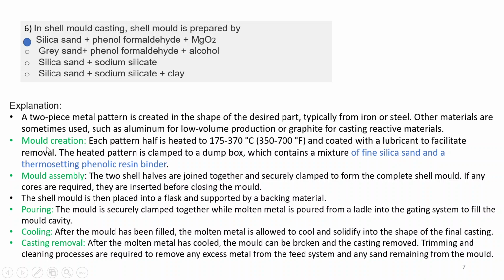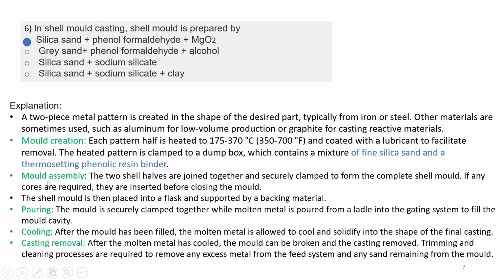Next step is mold creation, in which each pattern half is heated to 175 to 370 degrees C, and it is coated with a lubricant to facilitate removal, and the heated pattern is clamped to a dump box which contains a mixture of fine silica sand and a thermosetting phenolic resin binder.